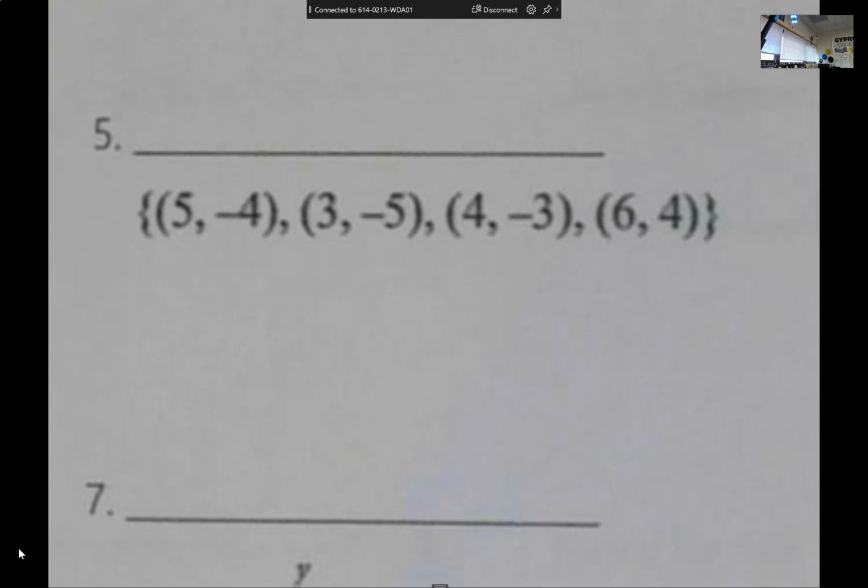So what is the domain of these or this function?